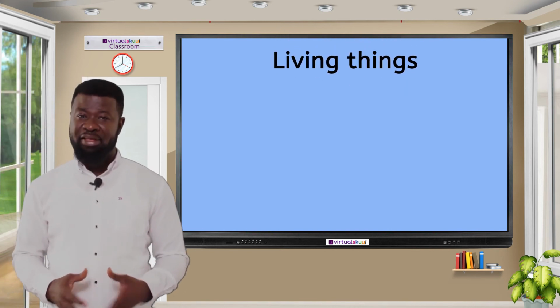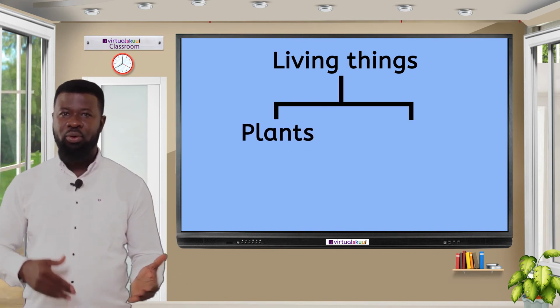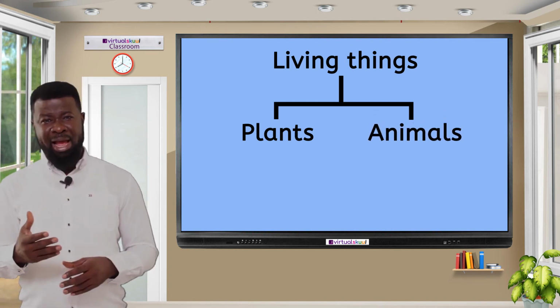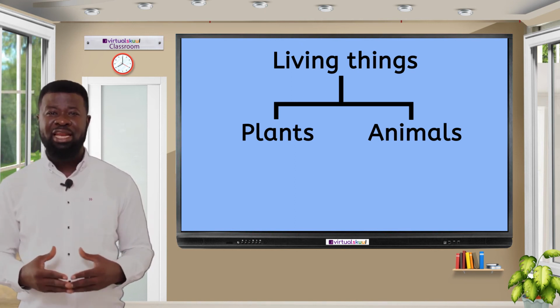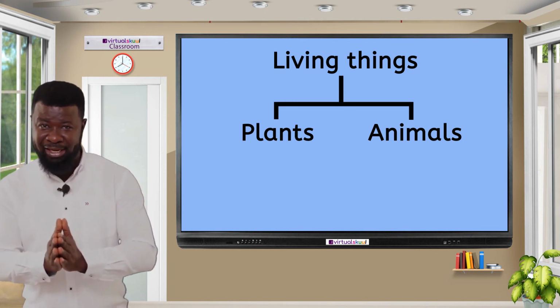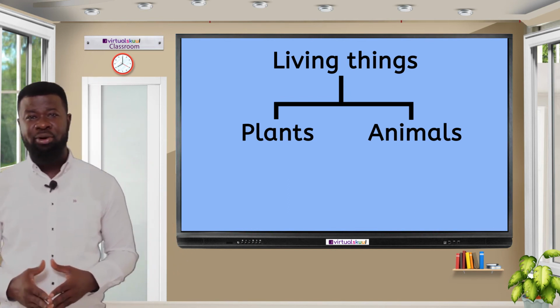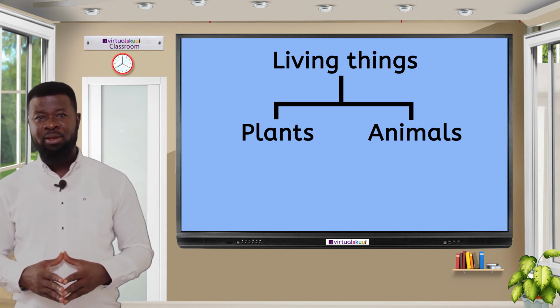Now, the classification. We are to note that living things can be classified into plants or animals. When it comes to the animal group, animals can be grouped into those animals which have got spine or a backbone, and some animals which have got no spine or backbone.